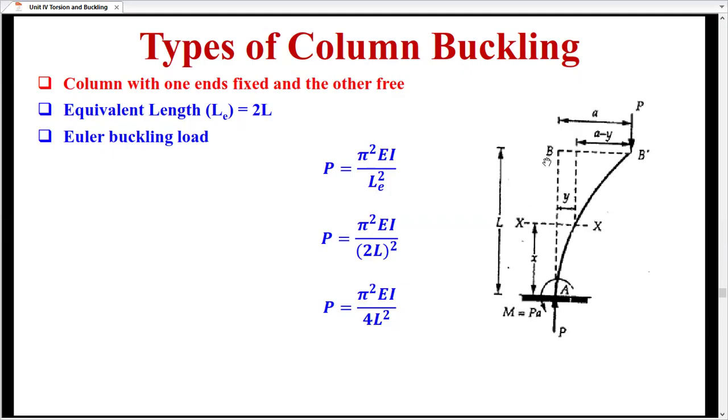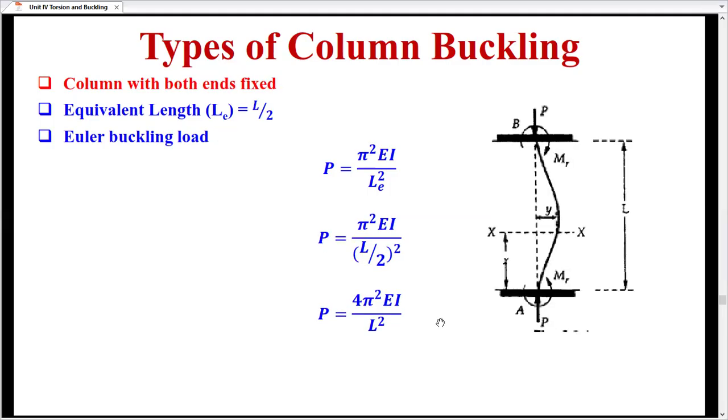When we apply axial load on the column, it will be buckled like this. The equivalent length is twice the actual length. So the equation will become P equals pi square EI upon (2L) square. So it will become P equals pi square EI upon 4L square. That is the equation when one end is fixed and the other is free.